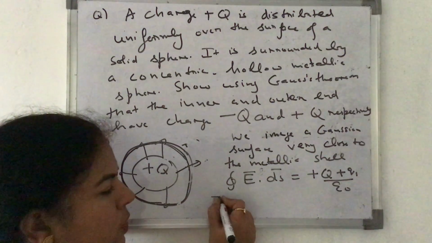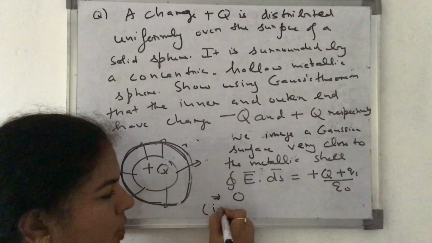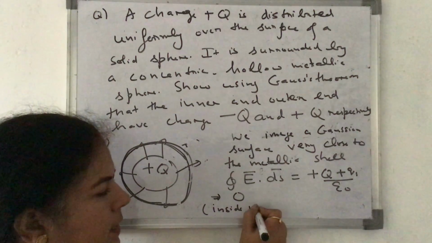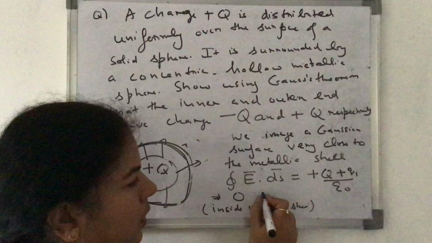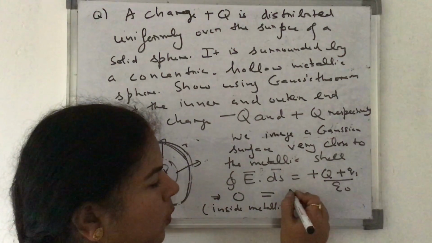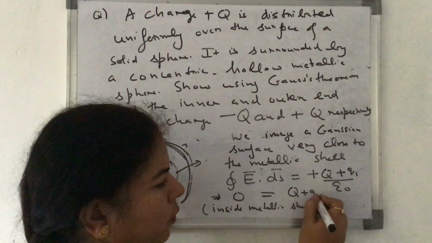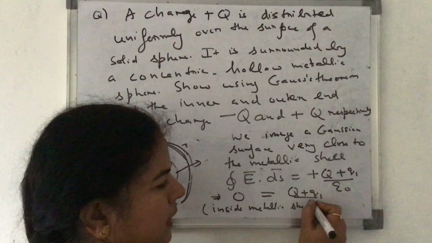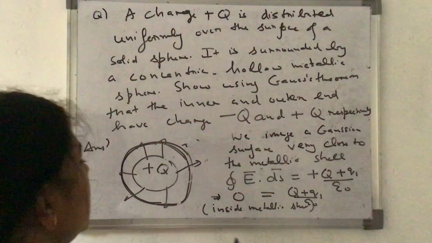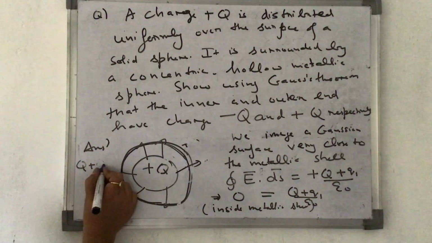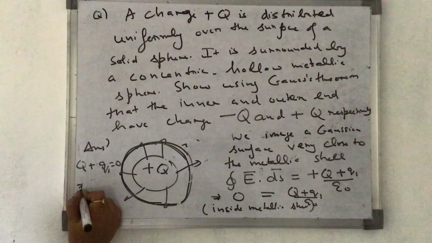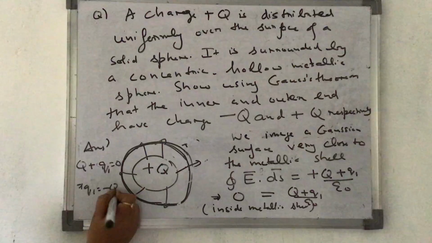Electric flux is equal to 0. Inside a metallic shell it is like this. So this is equal to Q plus Q1 by epsilon naught. That means Q plus Q1 is equal to 0. That means Q1 is equal to minus Q.